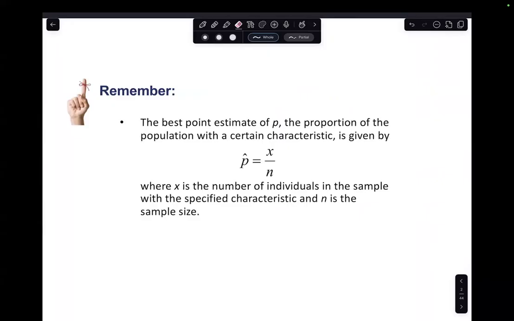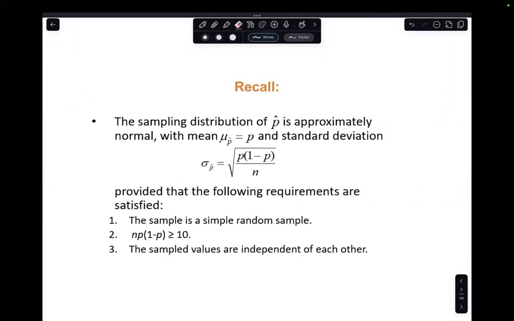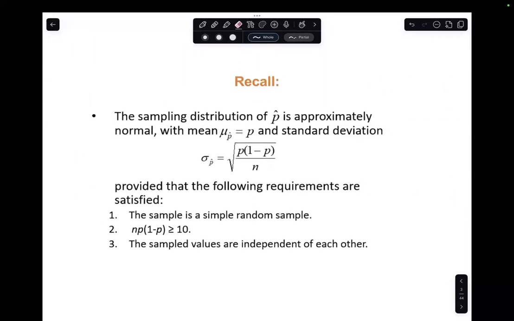So remember, for the point estimate, we take the number of successes and divide it by the sample size. This is the same thing we've been doing for a while. Also, remember that our standard deviation, when we're dealing with p hat, is the square root of p times 1 minus p divided by n.